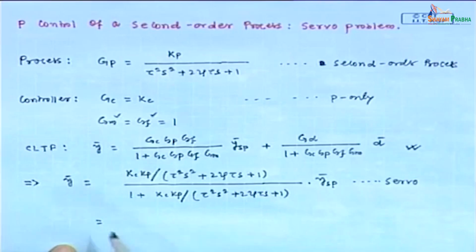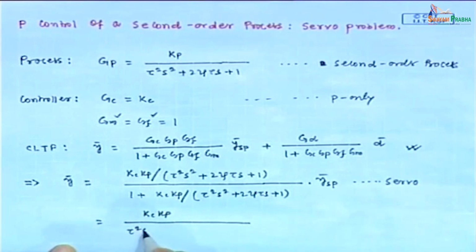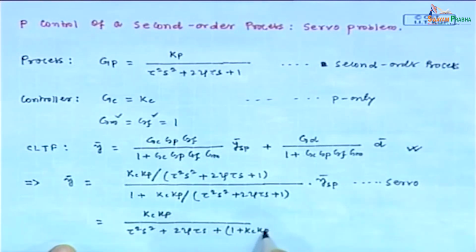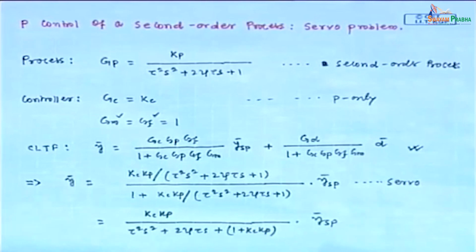Now, if we simplify it, we get Kc Kp divided by tau square s square plus 2 zeta tau s plus 1 plus Kc Kp, multiplied by y set point bar.